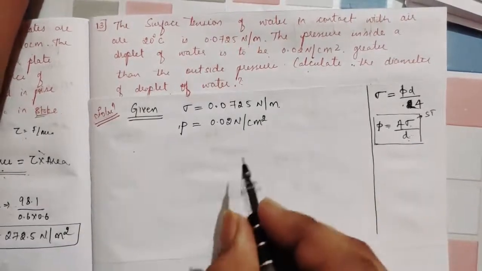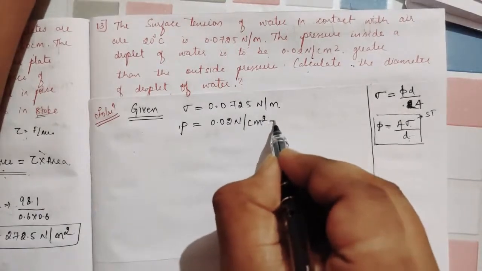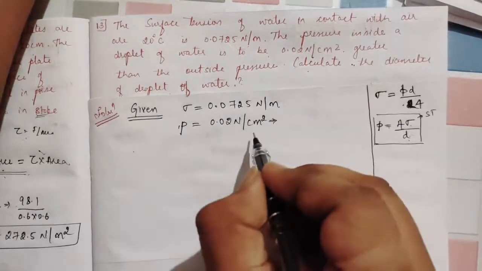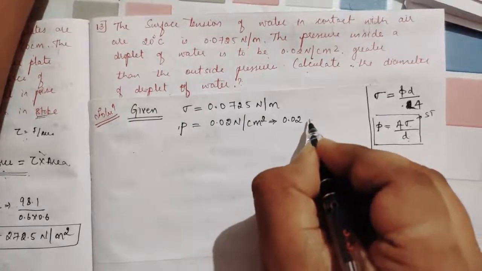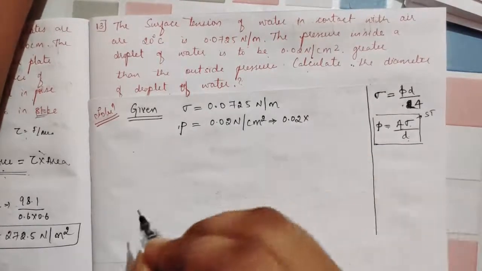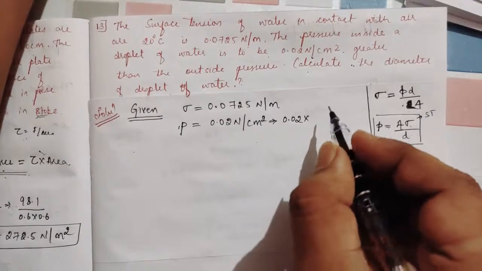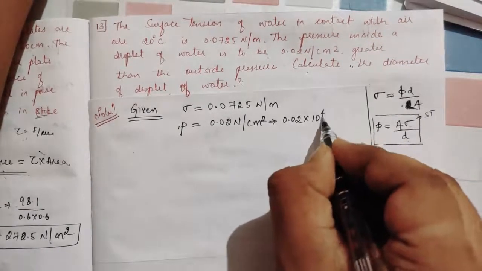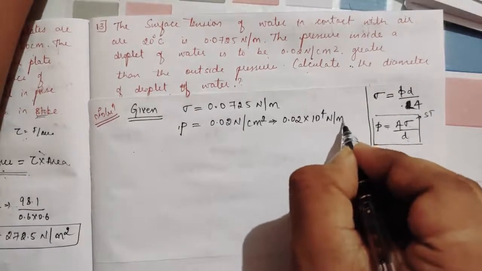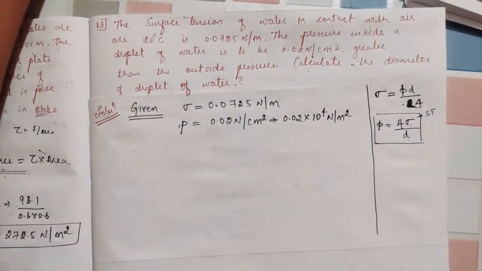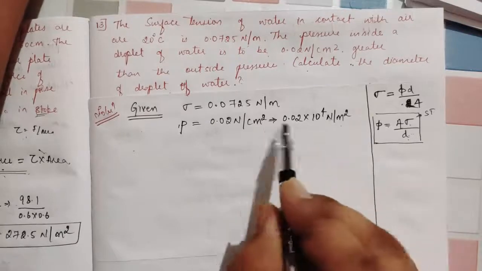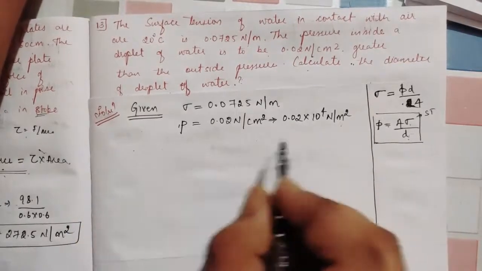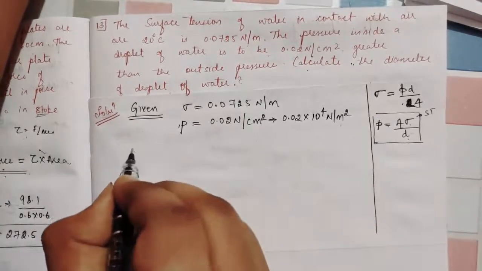In the last problem we have converted, right? So I have to convert it into Newton per meter square. What can I do? 0.02 into 10 to the power of 4 Newton per meter square. Now what formula do I know?